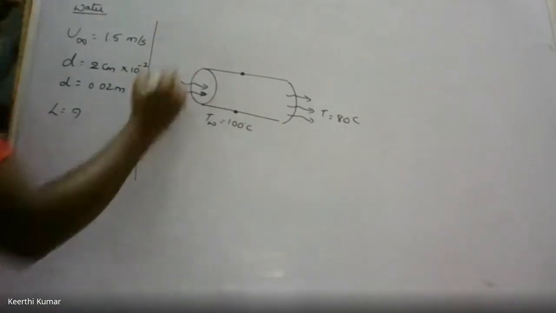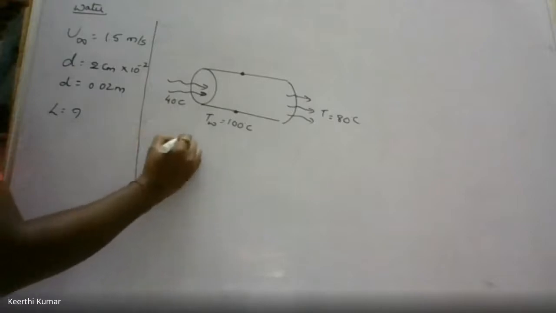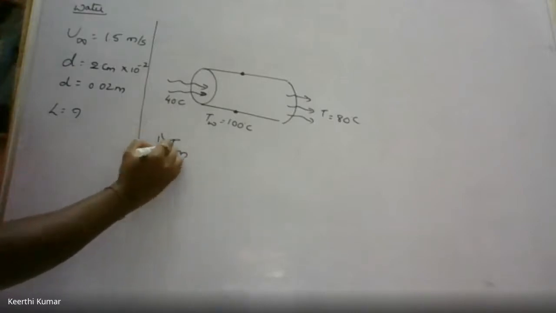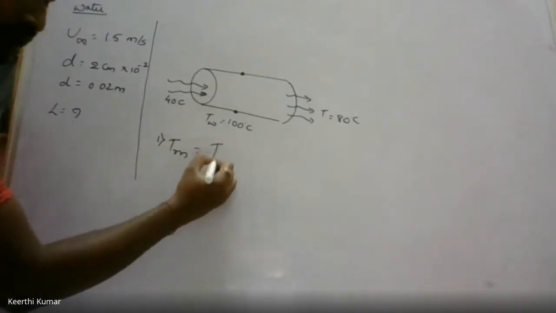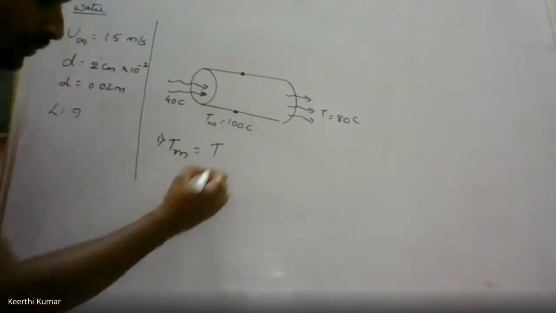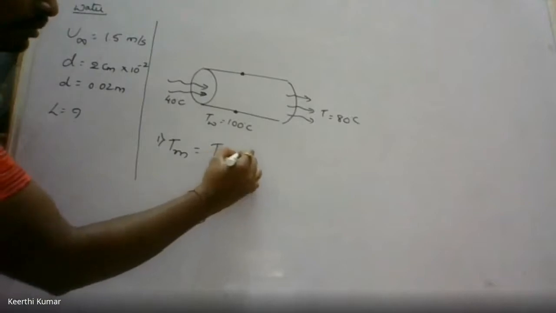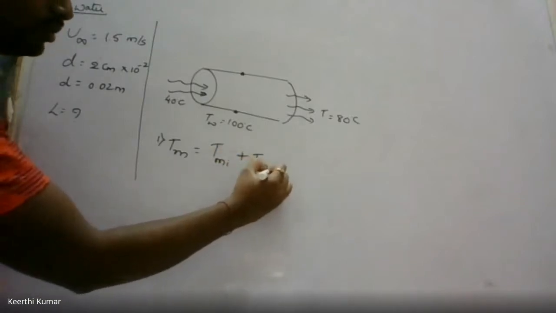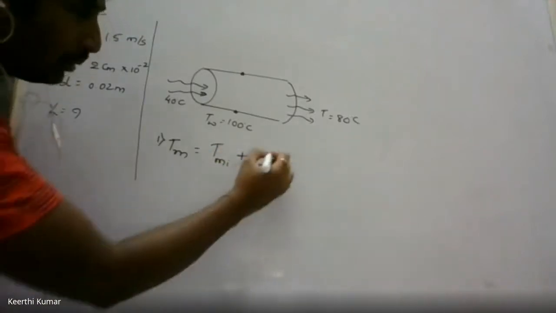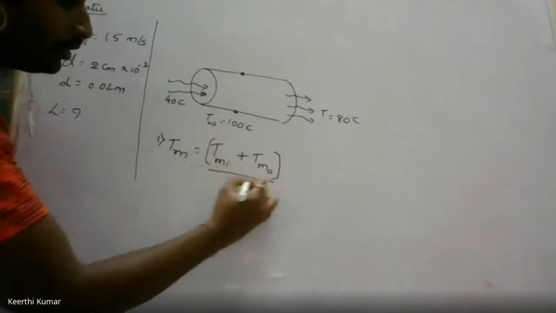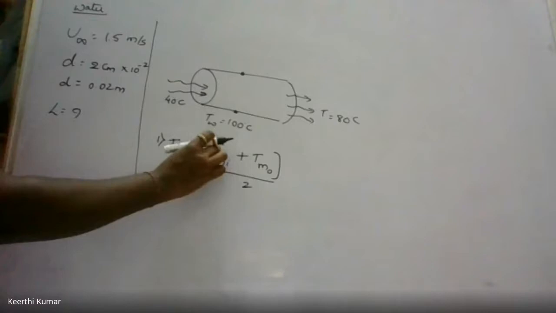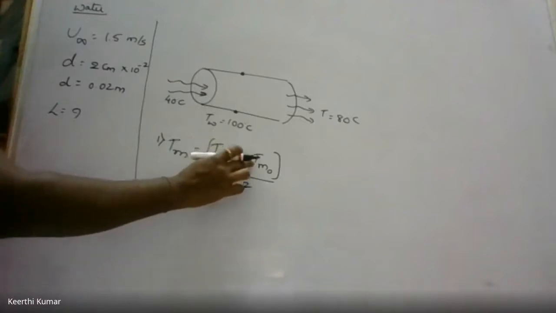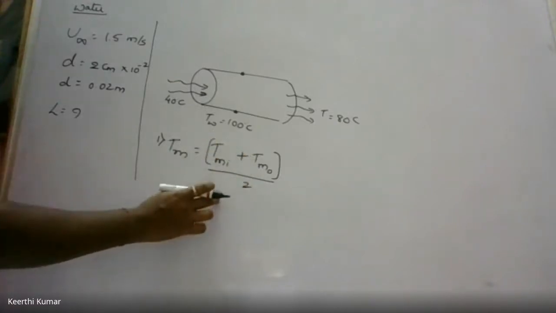So the first step will be that. Can you tell what is that? T mean, that is nothing but the bulk mean temperature, is equal to Tmi plus Tm naught divided by 2. Tmi is the temperature of the fluid inlet, Tm naught is the temperature of the fluid outlet, divided by 2.